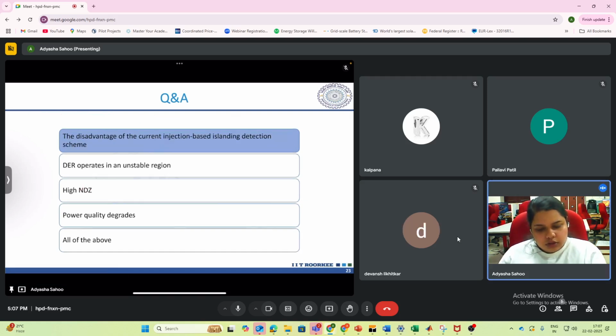Then the next question is the disadvantage of current injection based islanding detection scheme. Current injection means externally you are injecting some current to the network.